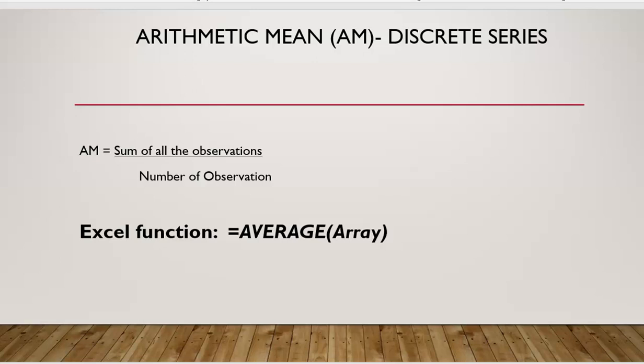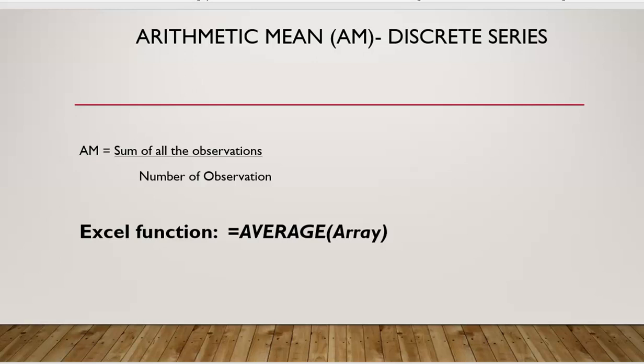So if we know the ages of 5 students, we add the ages of all 5 students and divide by 5, and we get the mean. In Excel you can simply calculate it using the AVERAGE function. The syntax is shown on the screen: equal to average, and the array, the range of values.